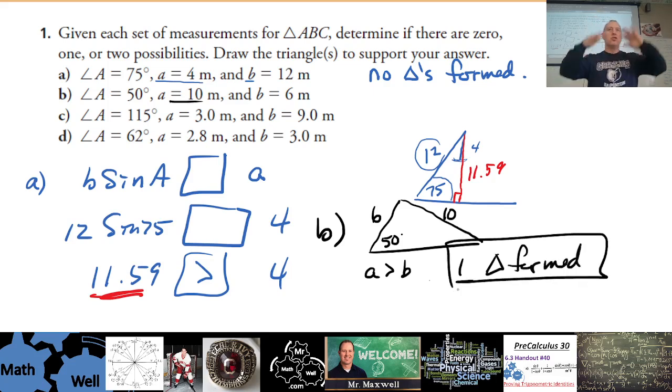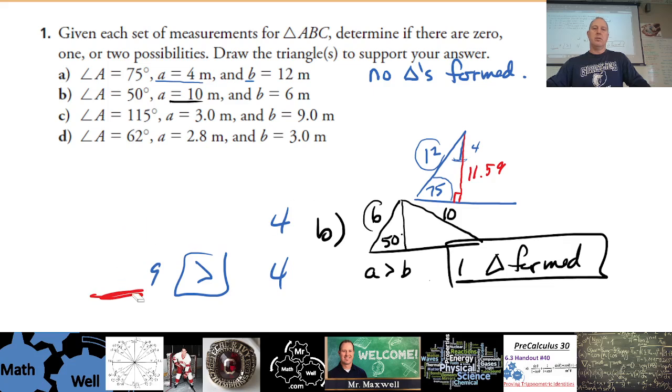You don't even have to do any calculations. You don't have to do B sine A, because 10 is bigger than 6, so it's going to be way bigger than the minimum. So A is greater than B, one triangle formed. You're done.